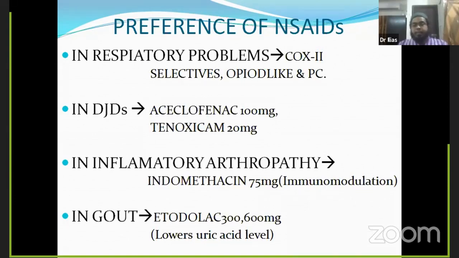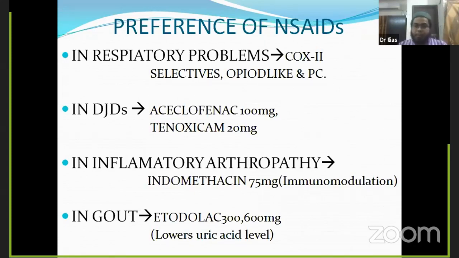And another thing is that tenoxicam. Tenoxicam is helpful in preventing the degradation of the cartilage by preventing the activities of cartilage destructing enzyme. So both these kinds of NSAID, that is the aceclofenac and the tenoxicam, definitely will reduce down the pain along with the preservation of the cartilage.